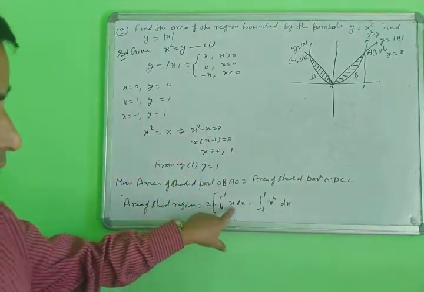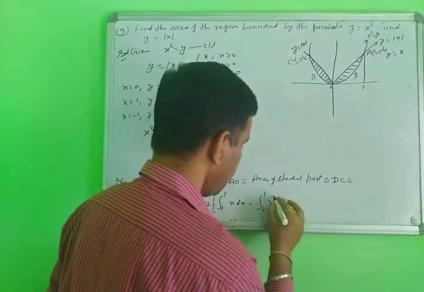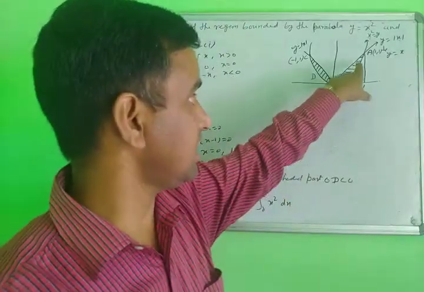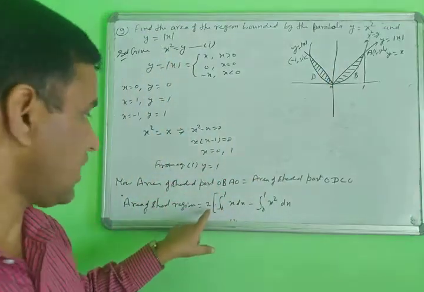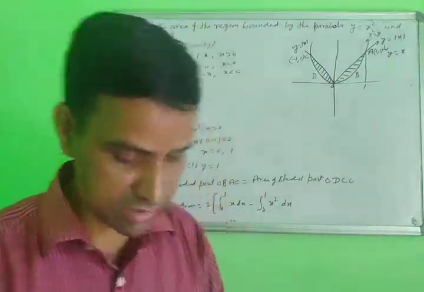Area of the line minus area of the parabola. Then you will get the area of the shaded region, this portion and this one. After that, outside you multiply by 2, then you get the answer. Yes, you note down first this.